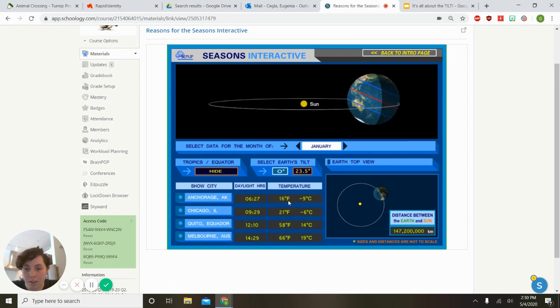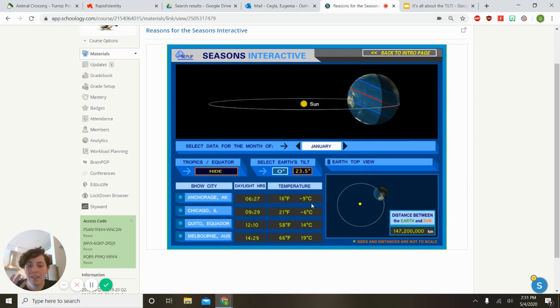We're looking at the northern hemisphere for this one to start, so we'd be looking at Chicago and Alaska here. Both of them are pretty cold outside, 16 and 21 degrees Fahrenheit, in fairly short daylight times. Alaska is having about 6.5 hours, and Illinois about 9.5 hours of daylight.